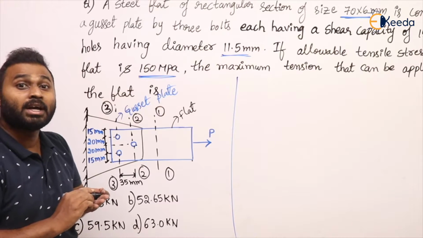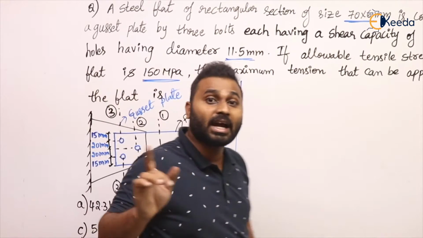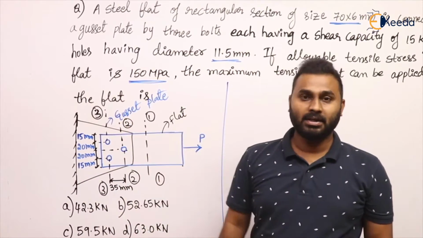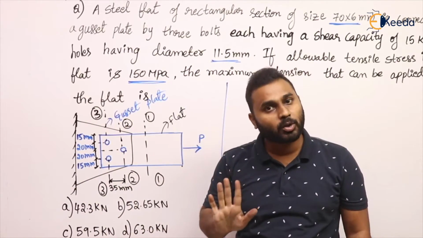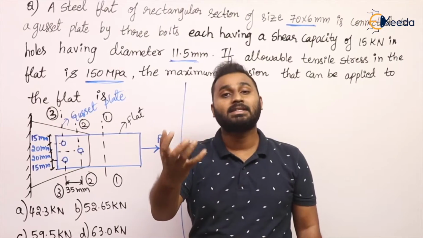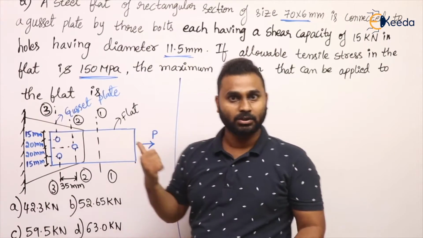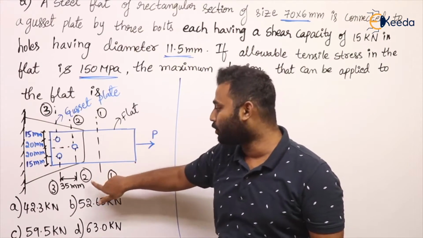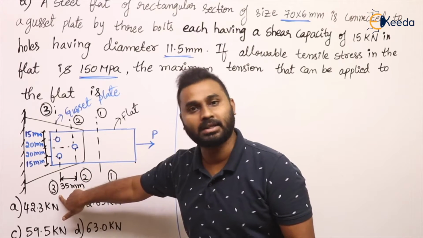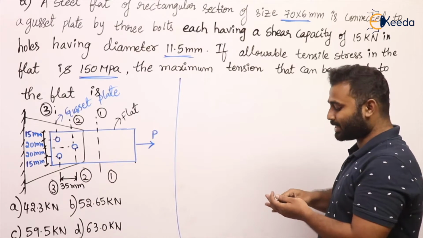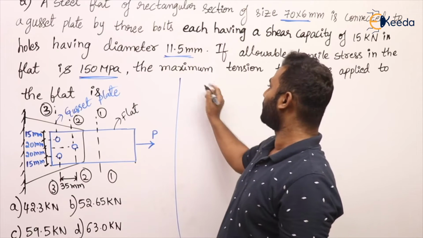Hence, we need to find the tension carrying capacity of the flat at these 3 sections, and whichever comes out to be minimum is considered as the tension carrying capacity of that flat. First let us start with 1, then 2, and then 3. Simple question, but calculations are required.